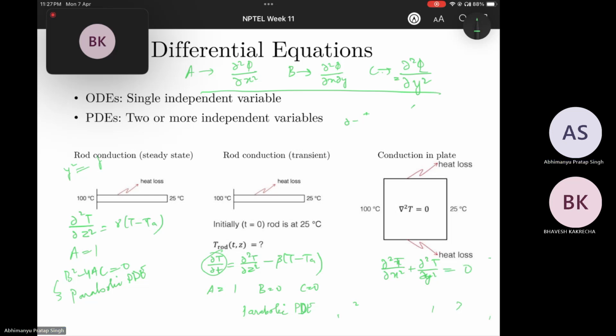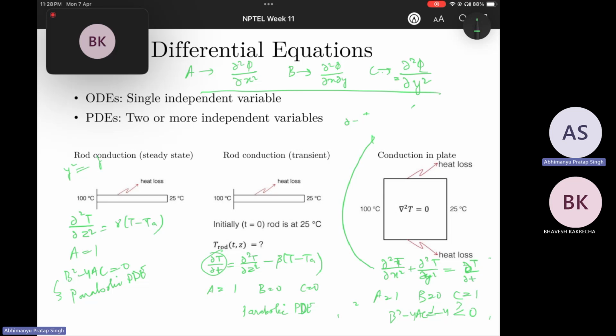So I have A as 1, B as 0, C as 1, right? So my B square minus 4AC becomes minus 4, which is less than 0. So this is my elliptic PDE.